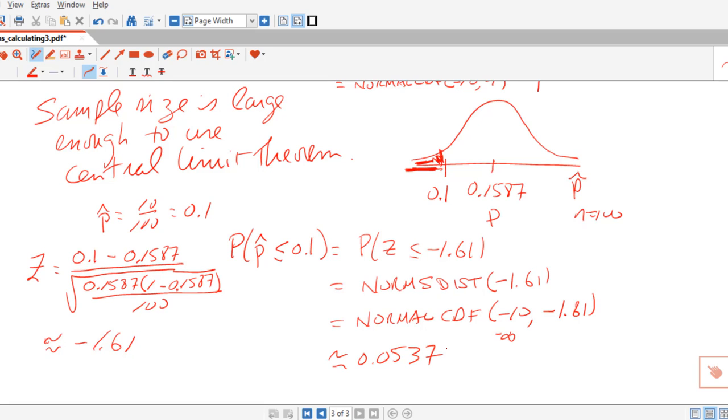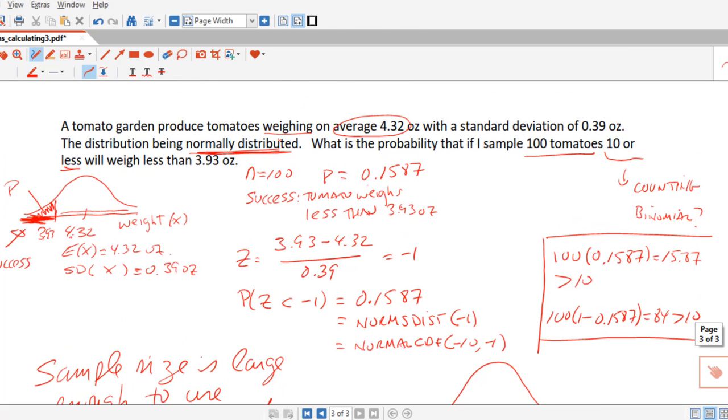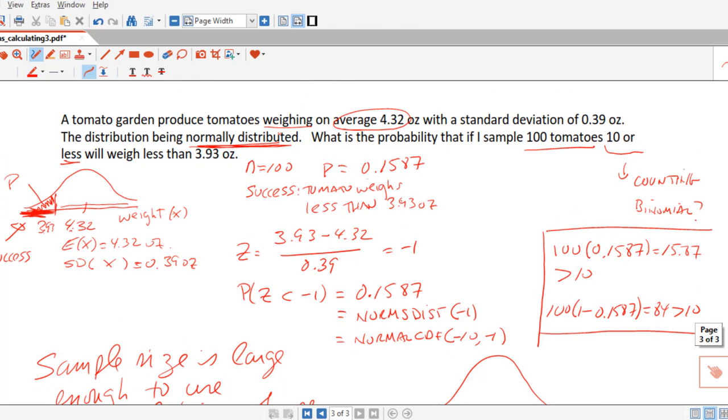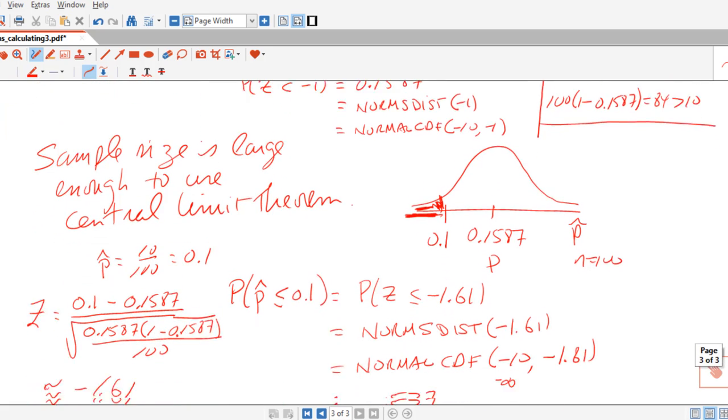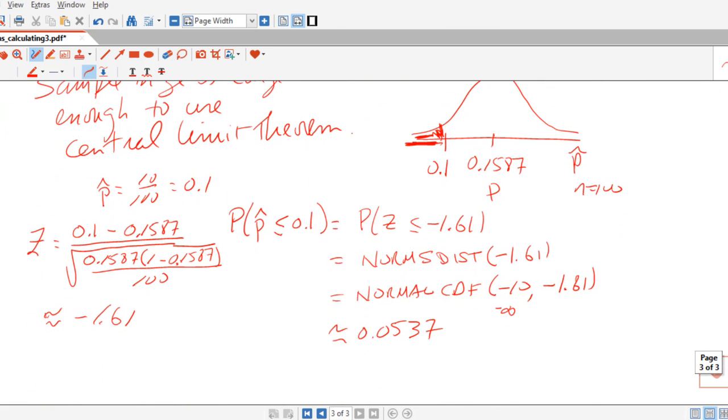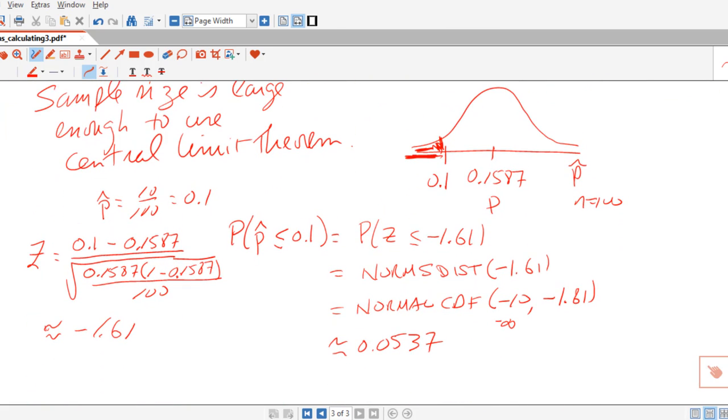The chance of getting a p-hat less than 10% is 0.0537, or approximately getting 10 or less out of 100 weighing less. Let me go back to the original question. What is the probability if I sample 100 tomatoes, 10 or less of them will weigh less than 3.93 ounces? The answer to that question is a little more than 5%. That's an approximation.